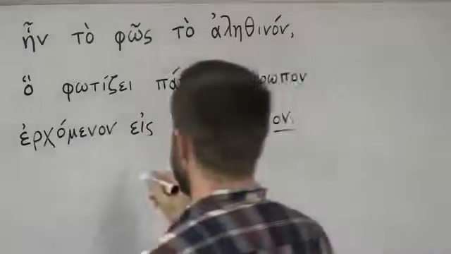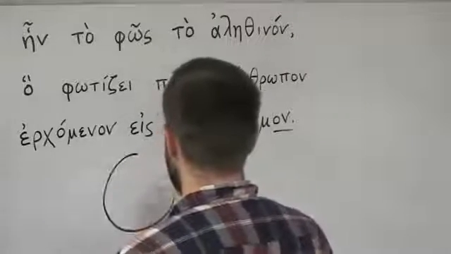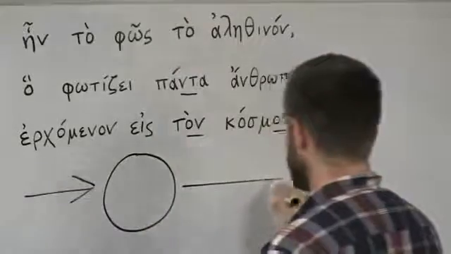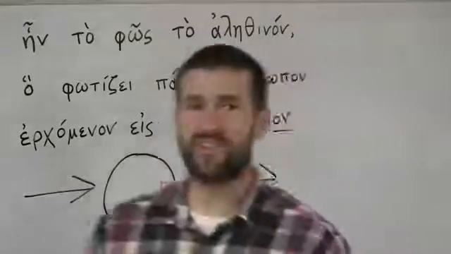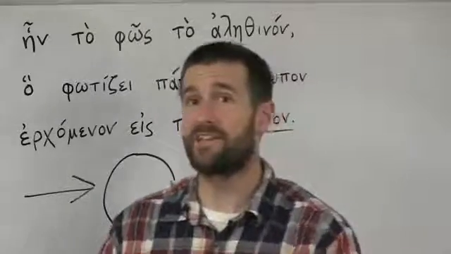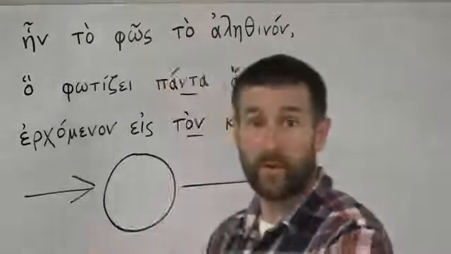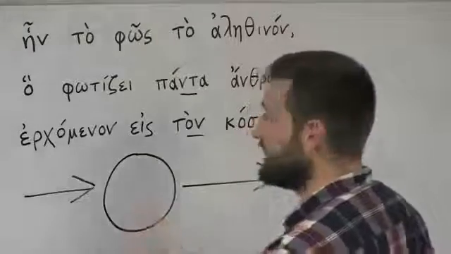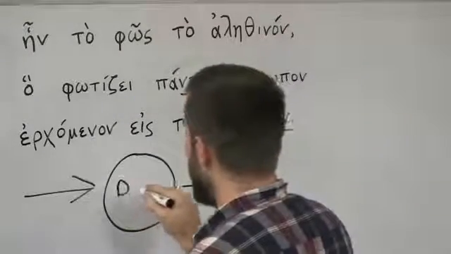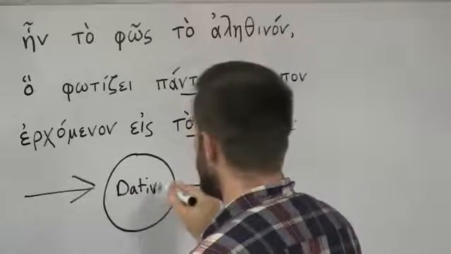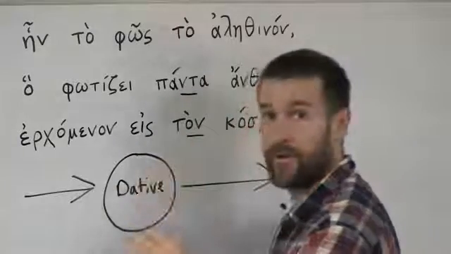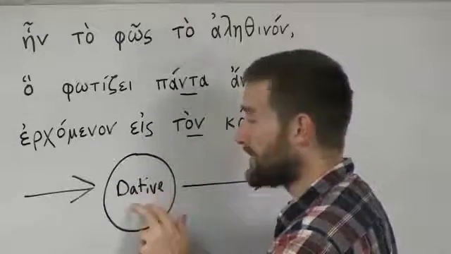Here's something I like to use to help me remember, because a lot of prepositions have to do with space or time: where things are located, or where they're going, or where they're coming from. This chart has been helpful to me. What's in the circle is just where you're at, what's there, and that is represented by the dative case.